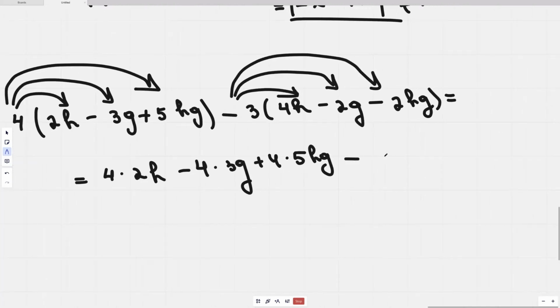And then minus 3 multiplied by 4h, and minus 3 multiplied by minus 2g, and minus 3 multiplied by minus 2hg.